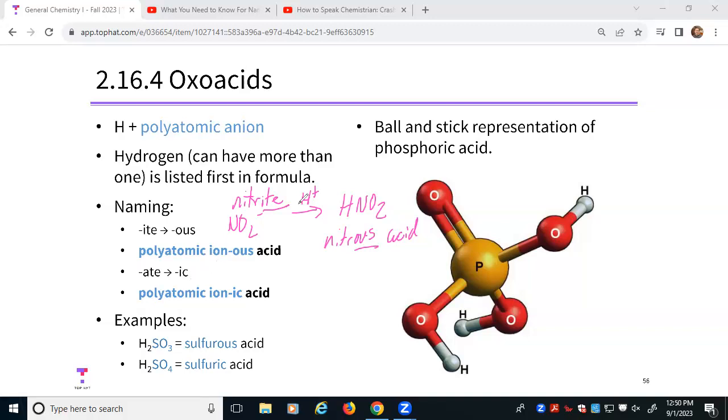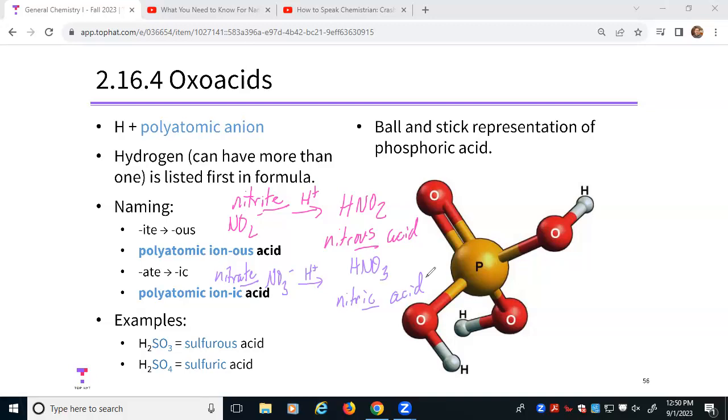If the ion ends in ate, so nitrate, NO3 negative. Slap a hydrogen on there, and we have HNO3. Nitrate gets turned into nitric acid. If there are prefixes on these ions, like per or hypo, those prefixes come along for the ride as well.